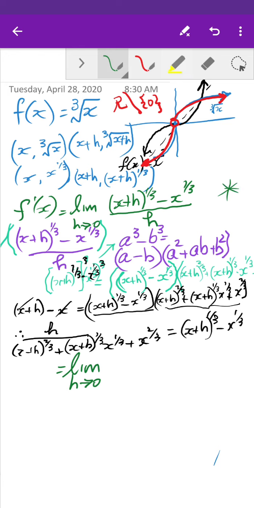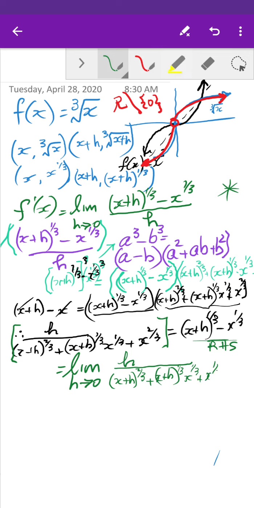That numerator is the same as the right-hand side, so I'm going to replace that numerator with this fraction here: h over x plus h to the 2/3, x plus h to the 1/3, x to the 1/3, x to the 2/3.